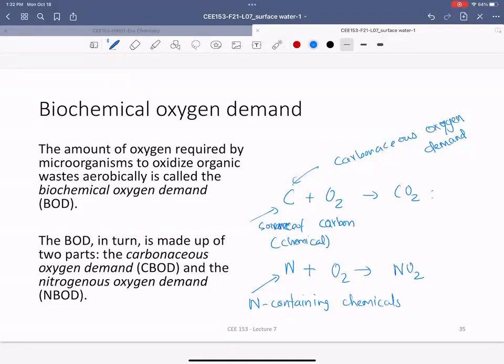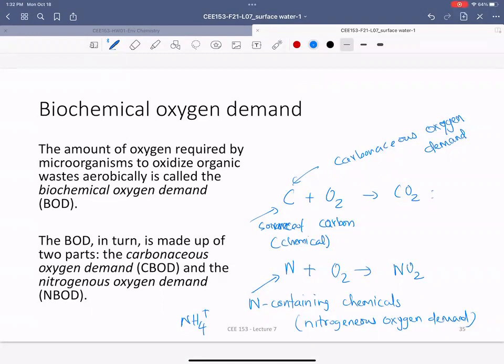So this is called nitrogenous oxygen demand. The example is ammonium. Ammonium is one of the nitrogen fertilizers that we apply. So if you have lots of ammonium, it can also consume oxygen. So depending on where the oxygen is consumed, we can call it carbonaceous or nitrogenous.